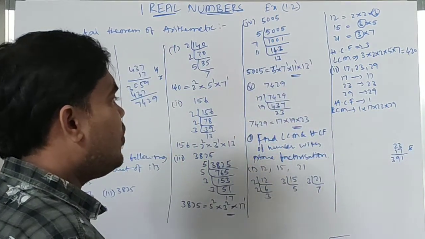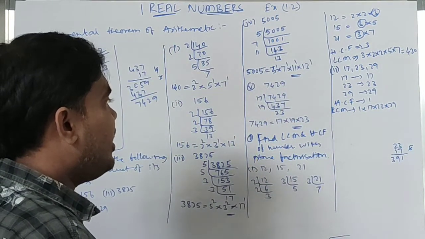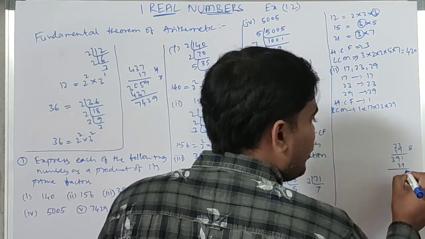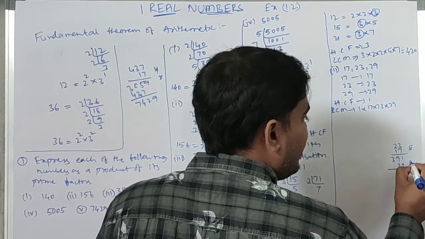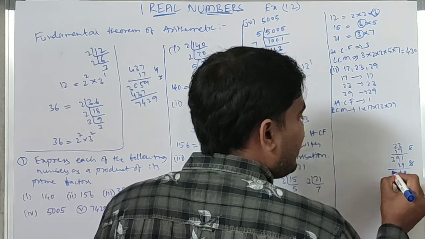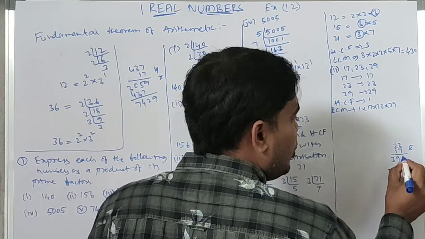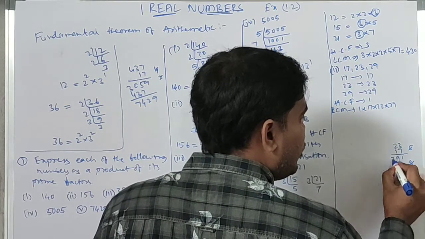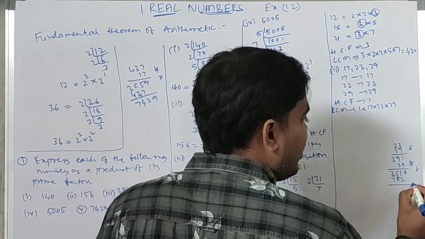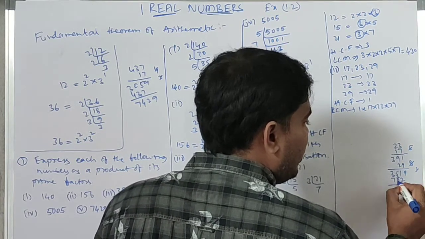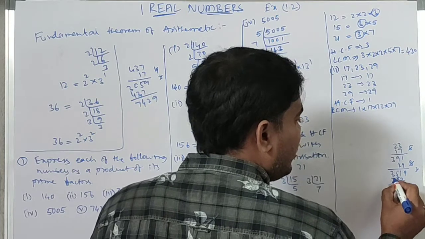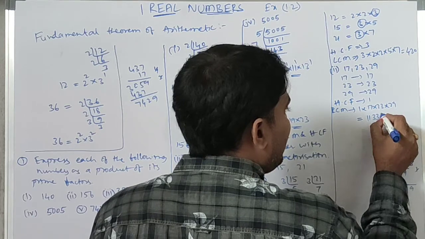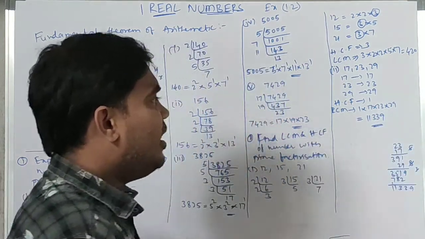The product of 23 and 17 is 391, and now multiplying with 29: 9 into 1 is 9, 9 into 9 is 81, 9 into 3 is 27 plus 8 is 35, and so on. So the answer is 11339. So this is the LCM.